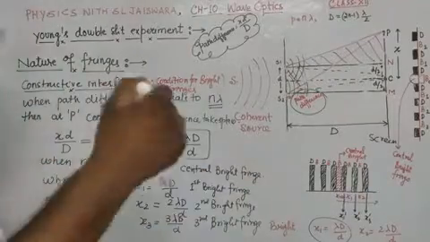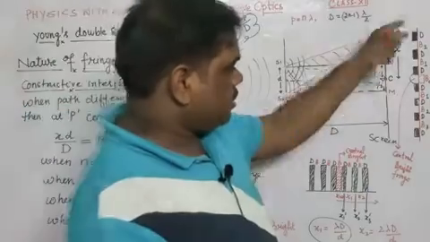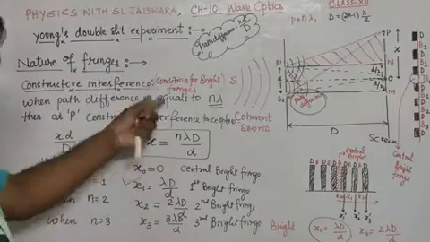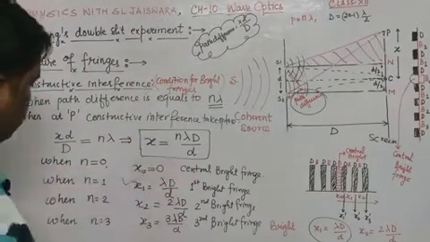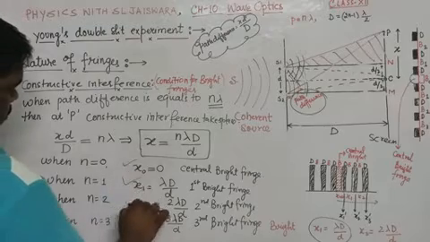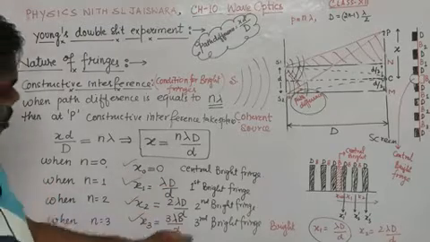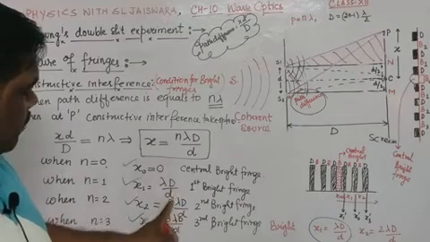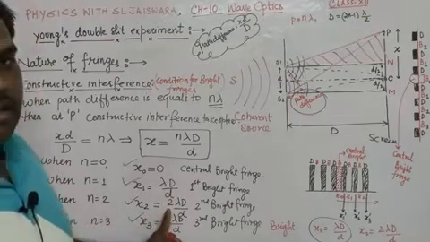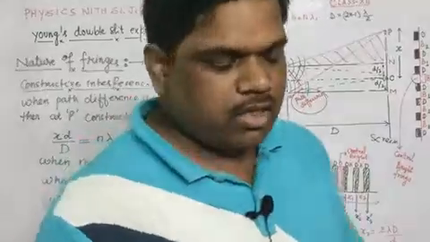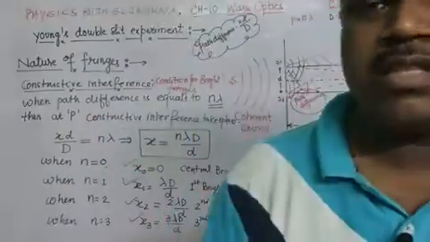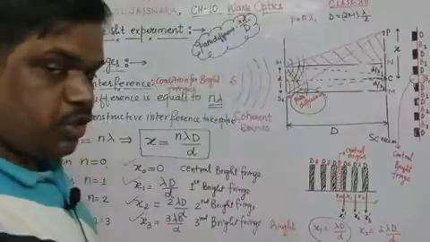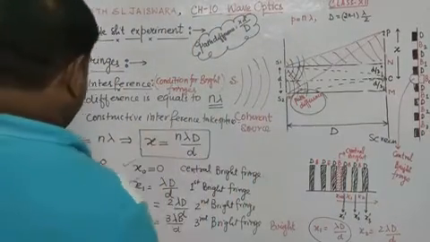So bright, dark. On the screen we'll get this type of fringes. So the position of bright fringes is lambda D by d, 2 lambda D by d, 3 lambda D by d. In this way we can calculate the position of the nth bright fringe.